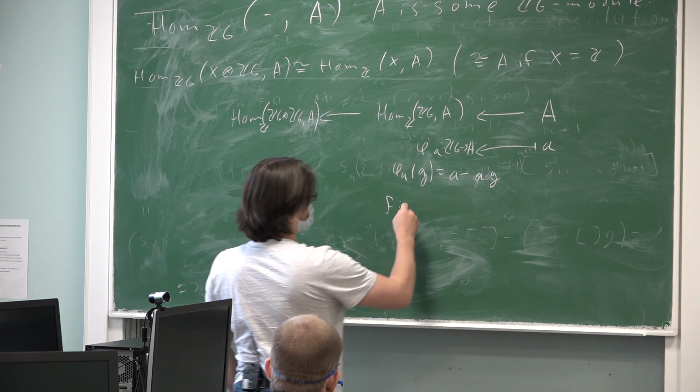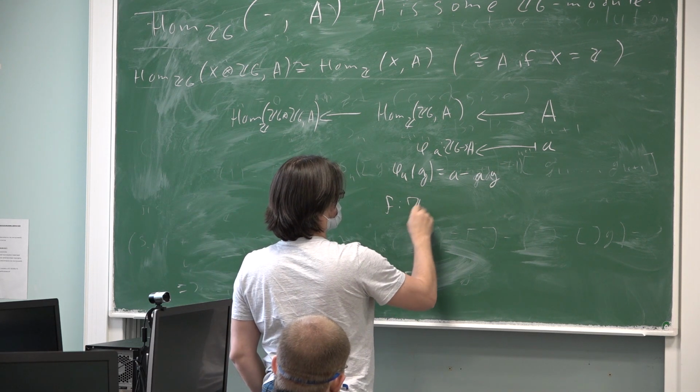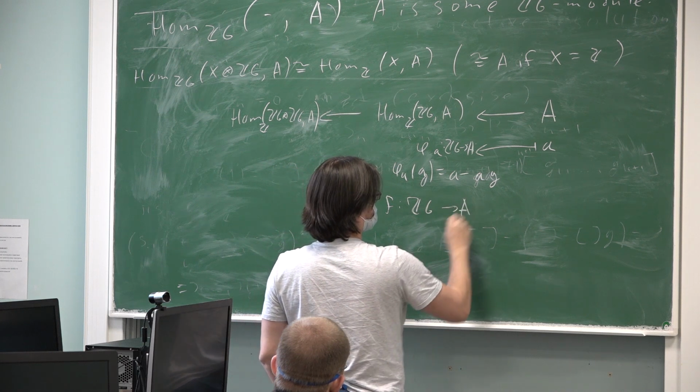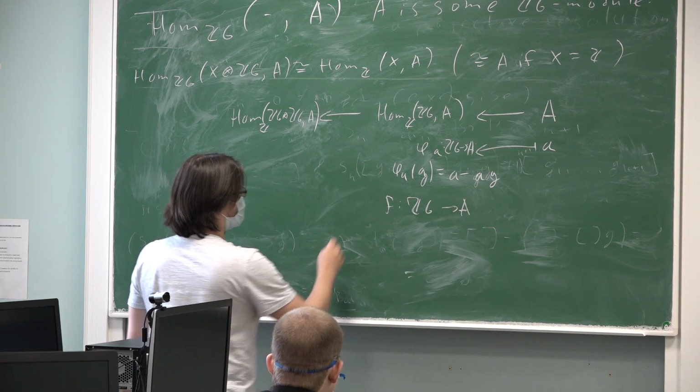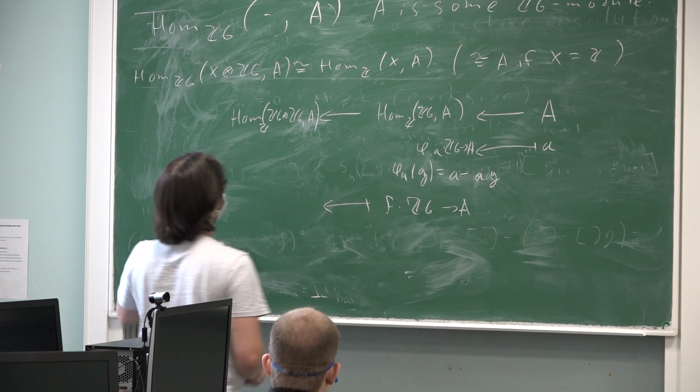And if we have some f from ZG to A, then it goes to some map.